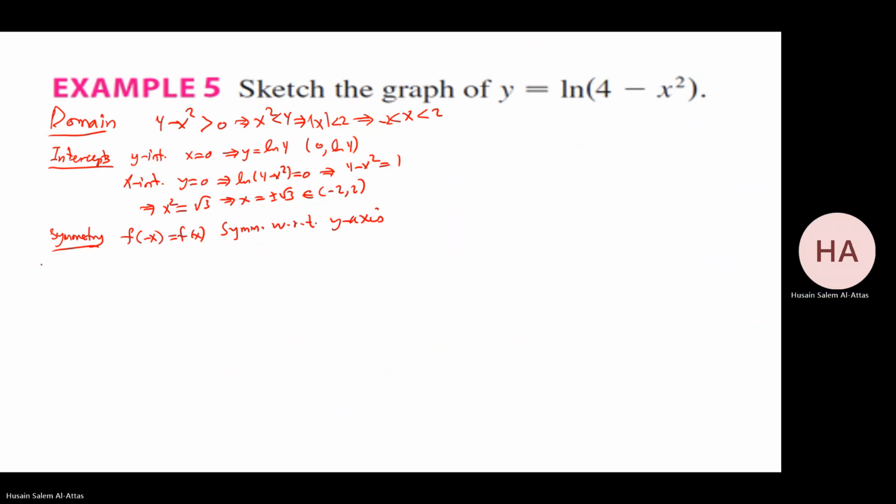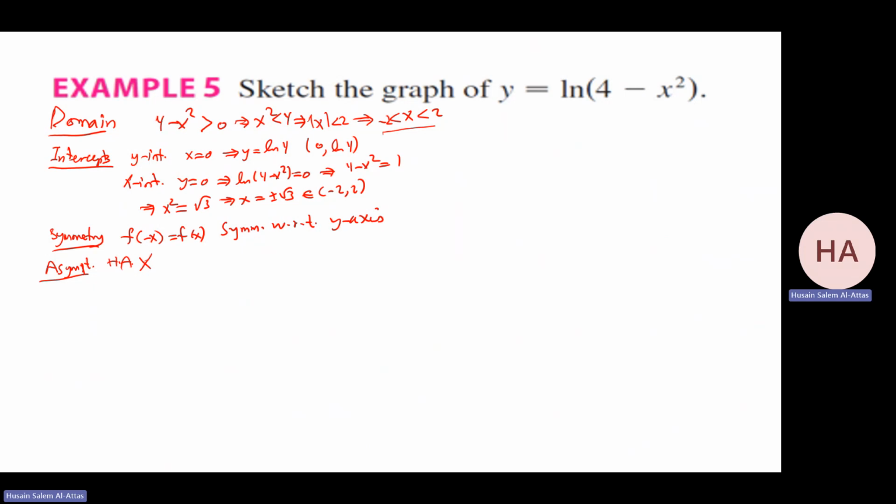Asymptotes. We don't have horizontal asymptotes because x cannot go to infinity or minus infinity. Actually, x is bounded between -2 and 2. So there are no horizontal asymptotes, since we cannot discuss the function as x goes to infinity or minus infinity.